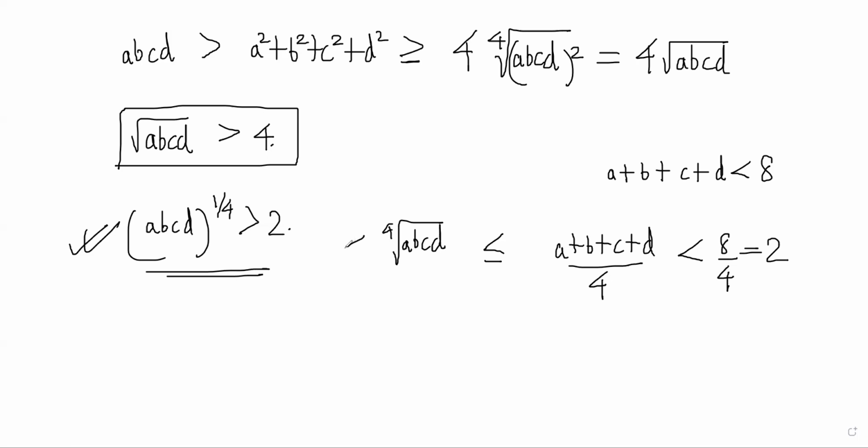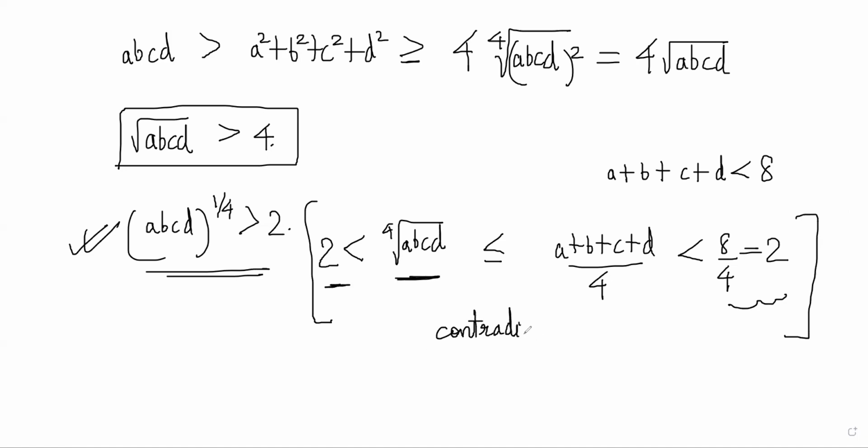And we know that that is greater than 2, right? So we are getting something is greater than 2, but also less than 2, which is a contradiction. We cannot have this quantity greater than 2 and also less than 2, right? So since it is a contradiction, that means our assumption was wrong.